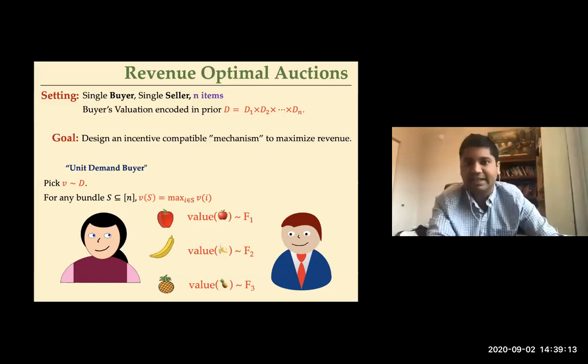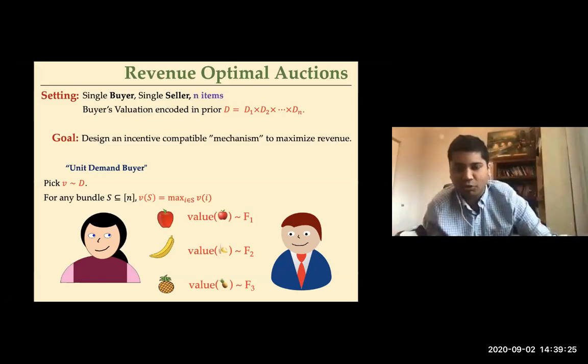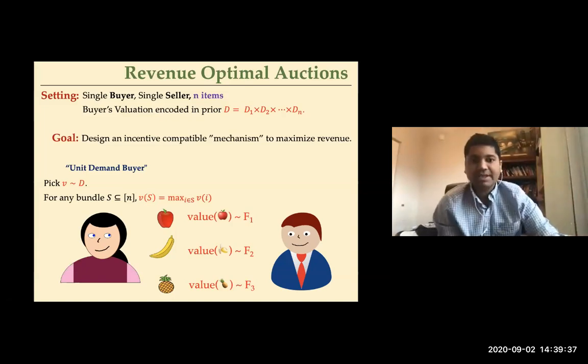What that means is that the value that the buyer will have will be chosen independently for each item. Okay. Now, once this vector is encoded, we have to decide how the buyer is going to decide on a value of not just a single item, but also of a bundle, because for all we know, the buyer can buy multiple items.